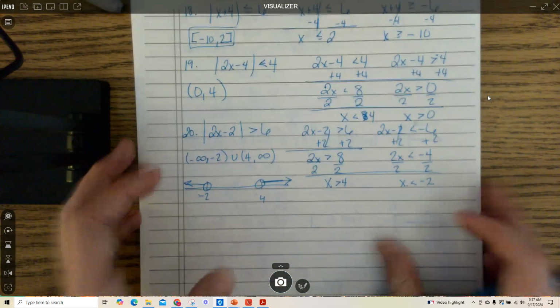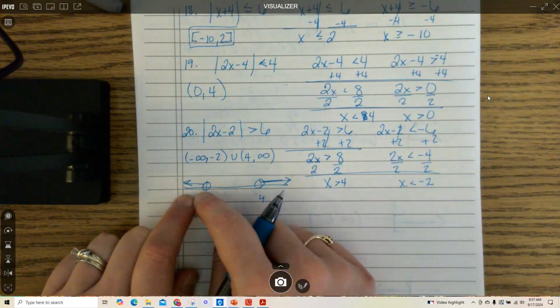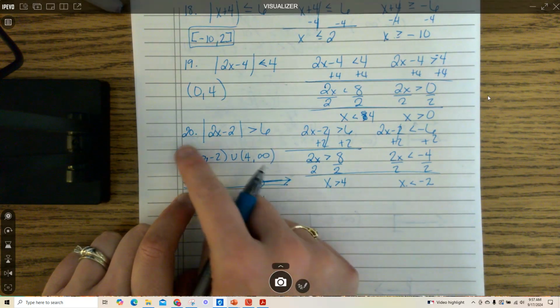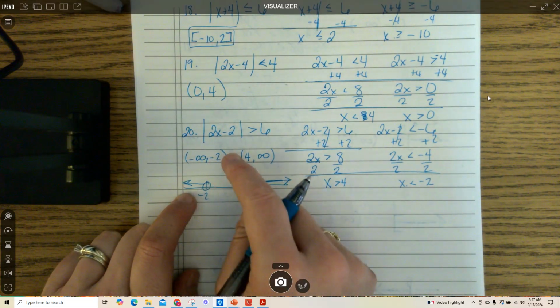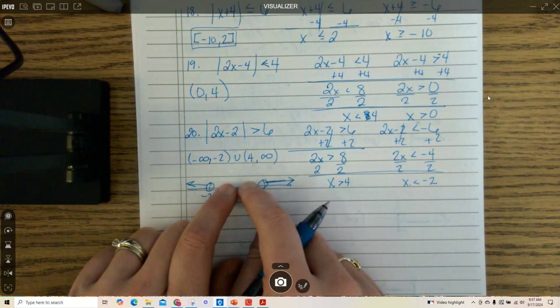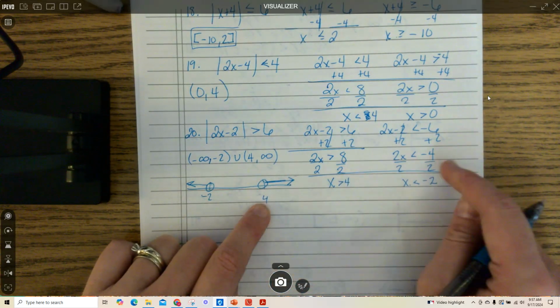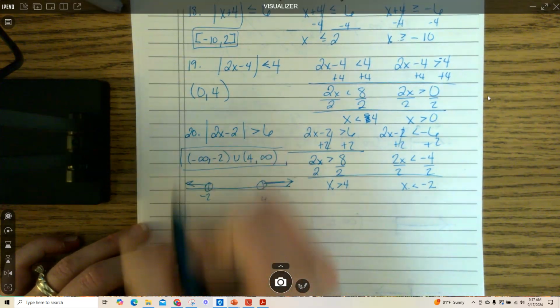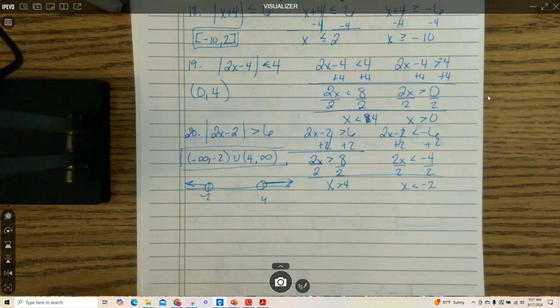So we call this a union. We write this piece as from -infinity to -2 with the parentheses. And then union, so we skip over this central portion, and then 4 to infinity. So that's what interval notation looks like with one of those unions in there.